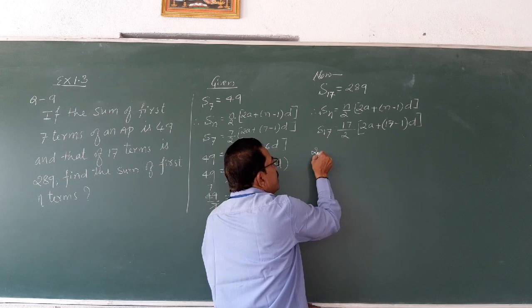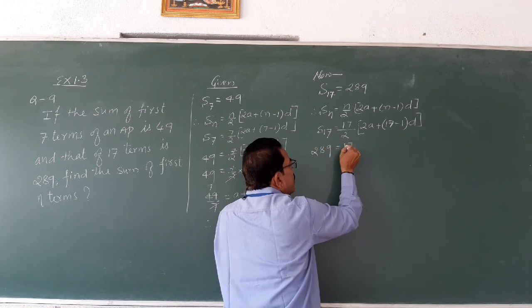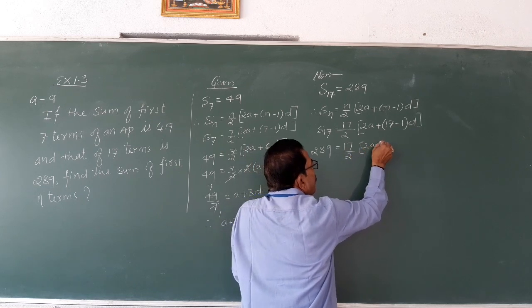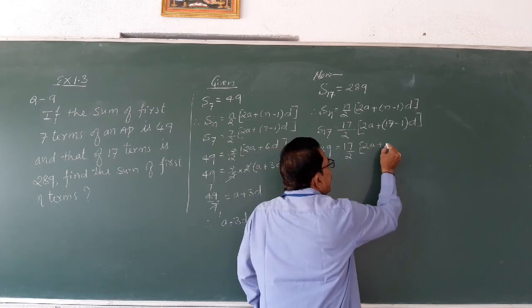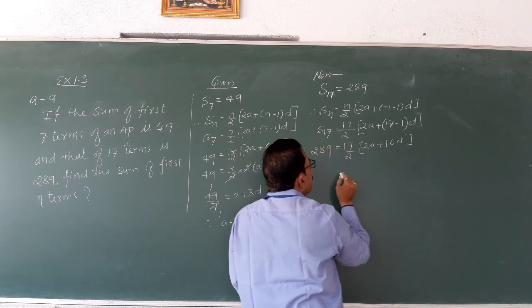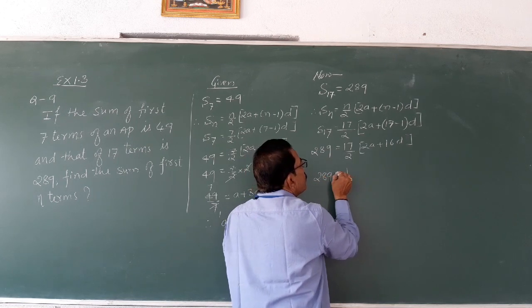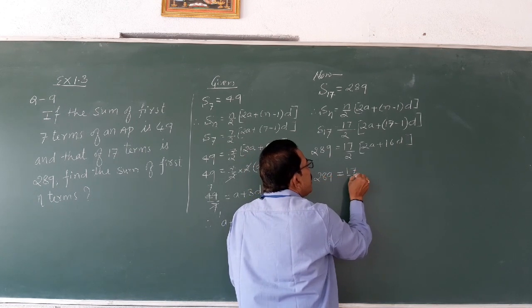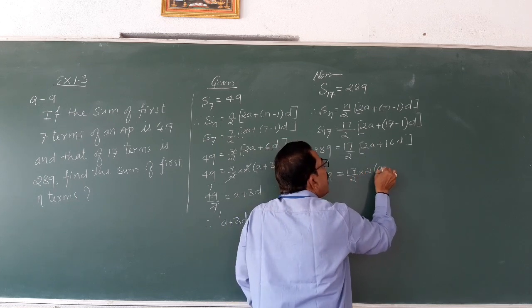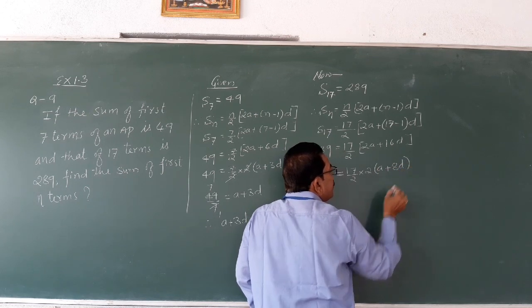S17 is 289 equals 17 by 2 in the bracket 2a plus 16d. 289 equals 17 by 2 into, 2 is common here also, a plus 8d.